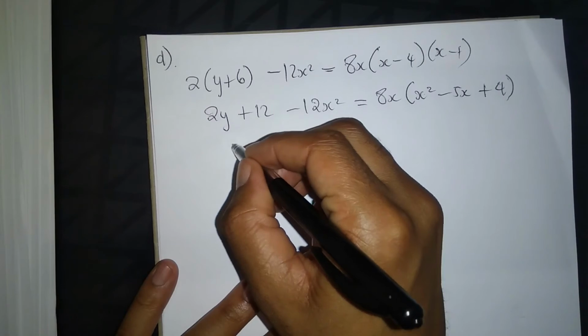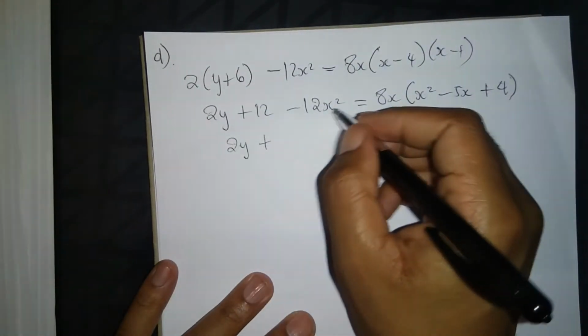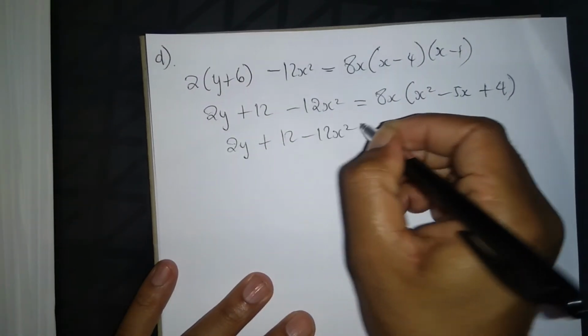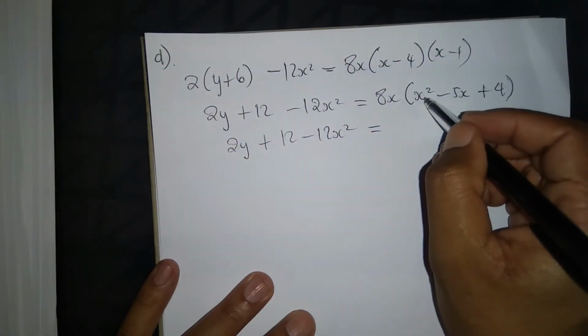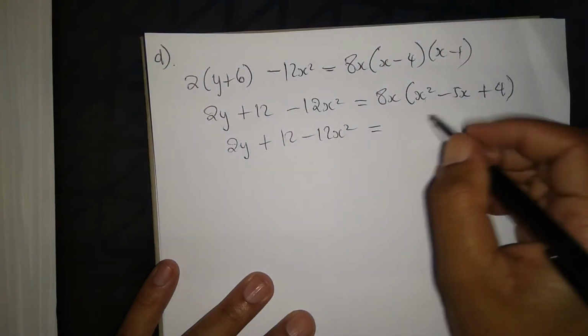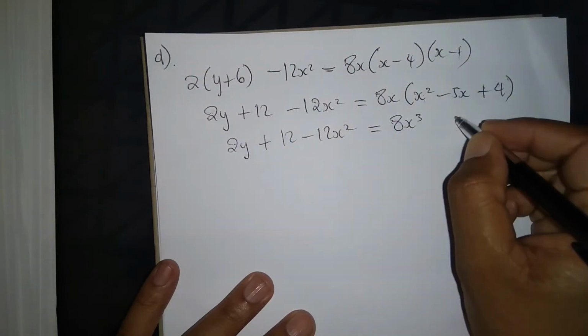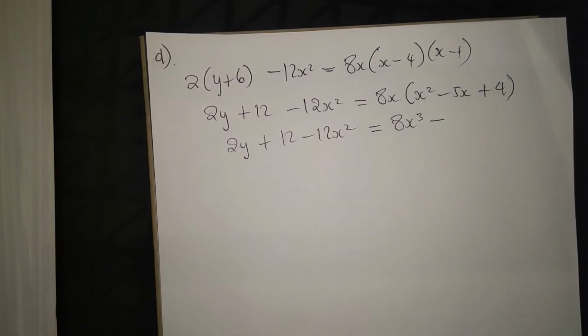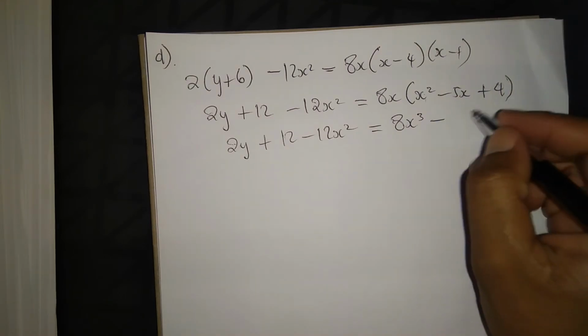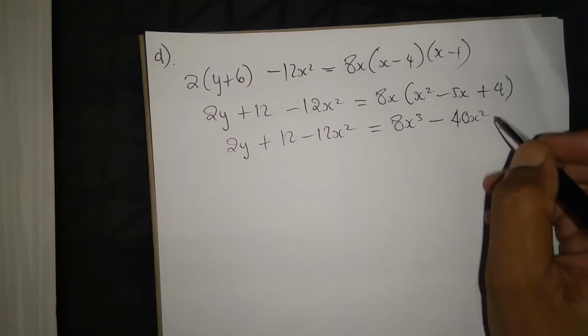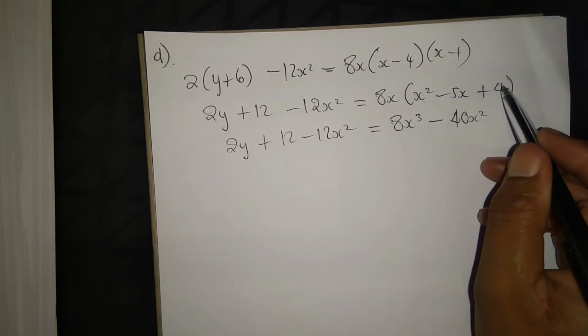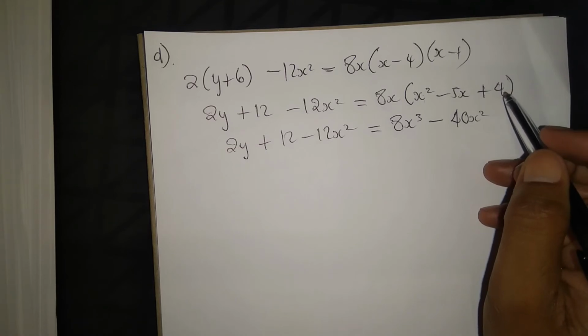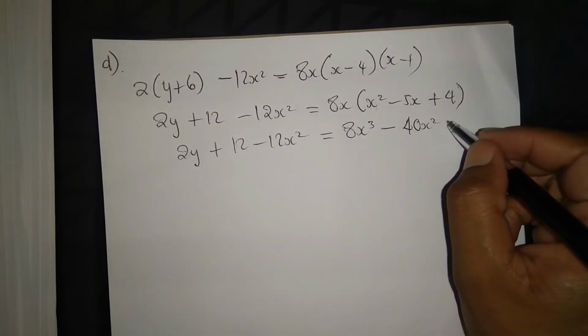So 2y plus, on the left hand side as like terms, we just rewrite everything as it is. Now 8 distributes inside the bracket, so 8x cubed minus what is 8 times 5? 8 times 5, 10, 15, 20, 25, 30, 35, oh, it's 40. So it's 40x squared. And then 8 times 4. Isn't it 32?